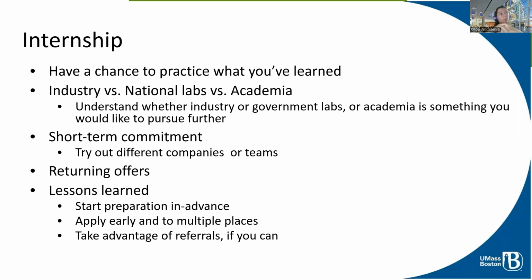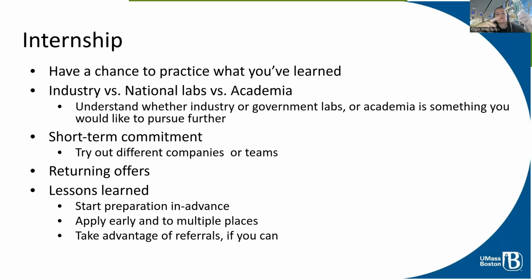Take Twitter, for example. What Twitter did previously is collect applications throughout the fall semester, with a deadline of December 1st, I believe. Starting from December or even a bit earlier, they start approaching you if they're interested.